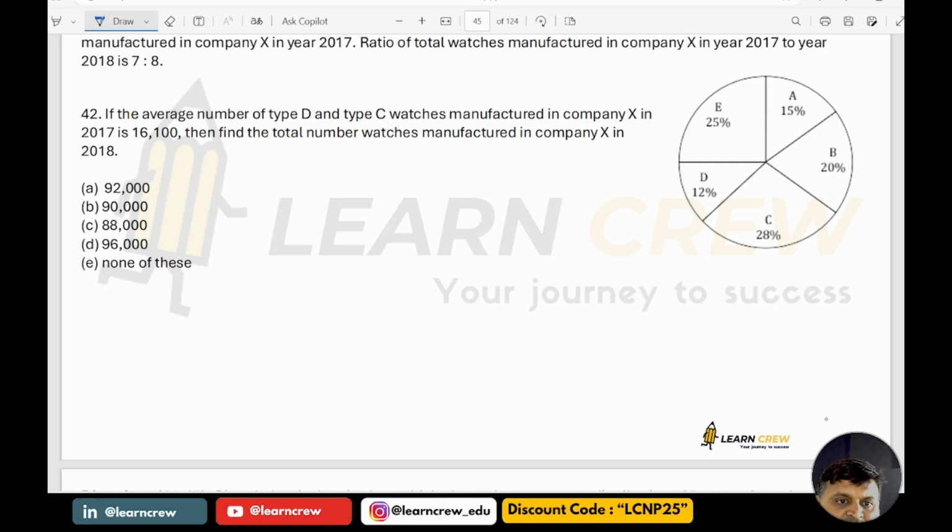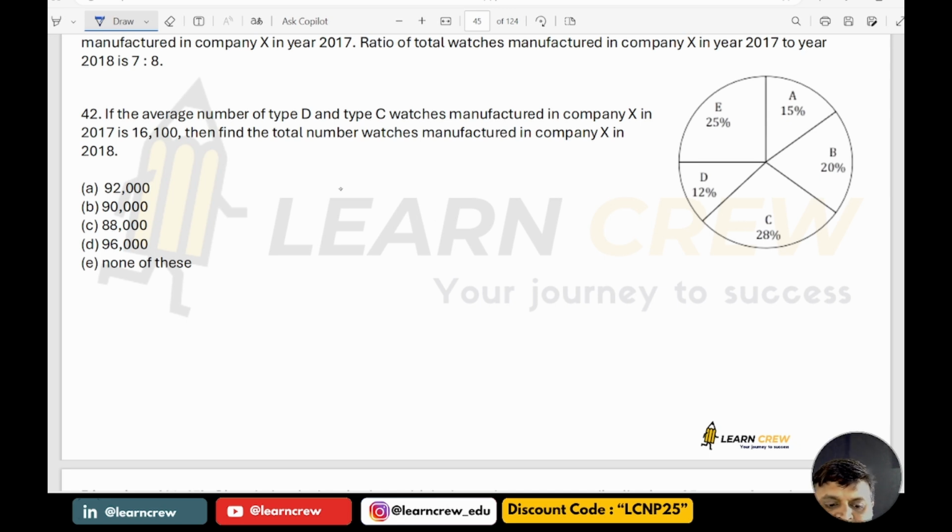Next, the average number of type D and type C watches manufactured in company X in 2017 is 16,100. Then find the total number of watches manufactured in company X in the year 2018. If you see here, the average of C and D: 12 plus 28, 40%.